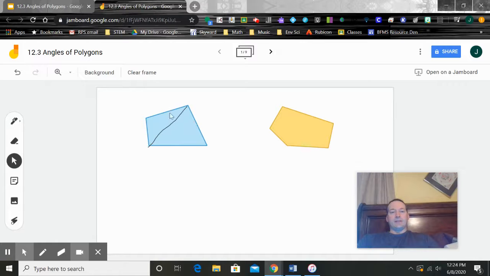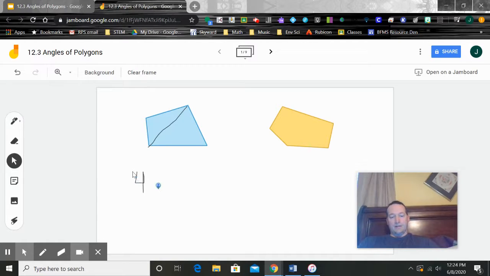In this one, you notice I made two triangles. So four sides, two triangles. Now let's come to this one. I have 1, 2, 3 triangles, and I had 1, 2, 3, 4, 5 sides. So 5 sides, 3 triangles.